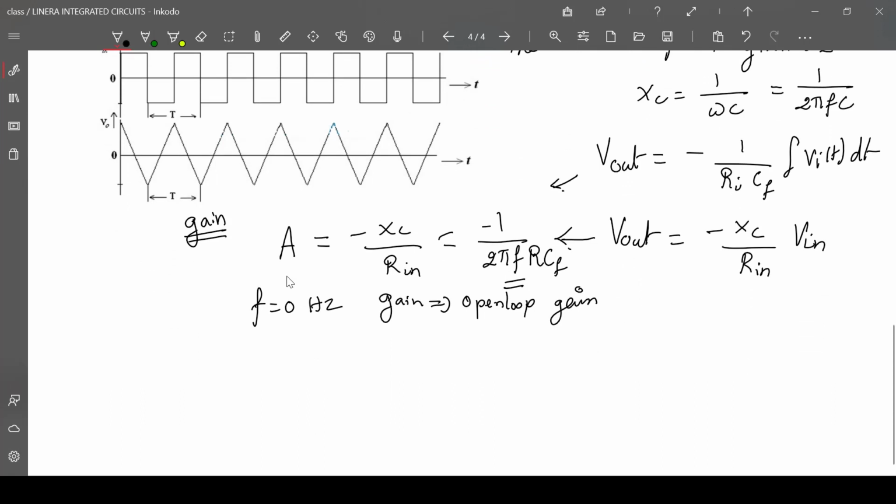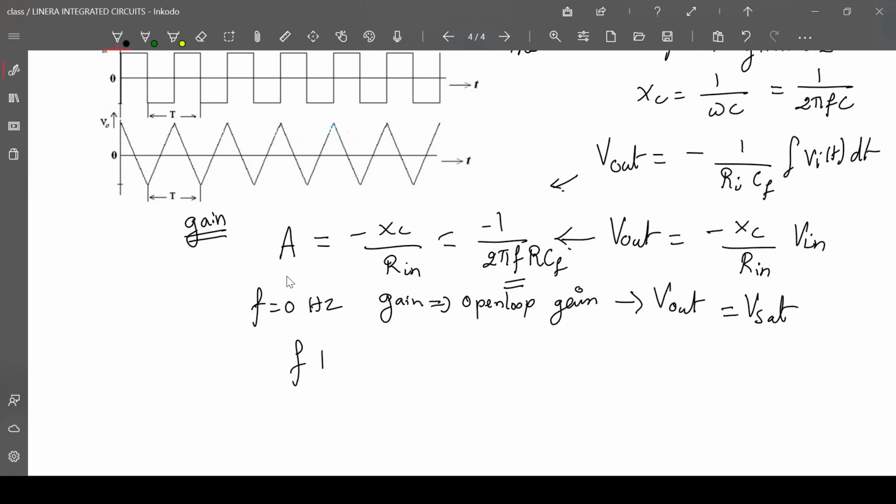When frequency is 0, the gain of the integrator circuit becomes equivalent to the open loop gain. During that time, the output voltage produced in the integrator will be equal to the saturation voltage.